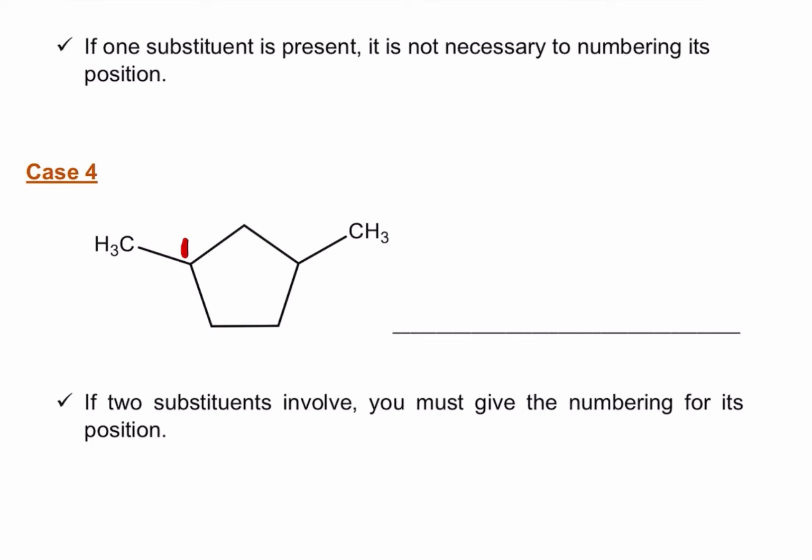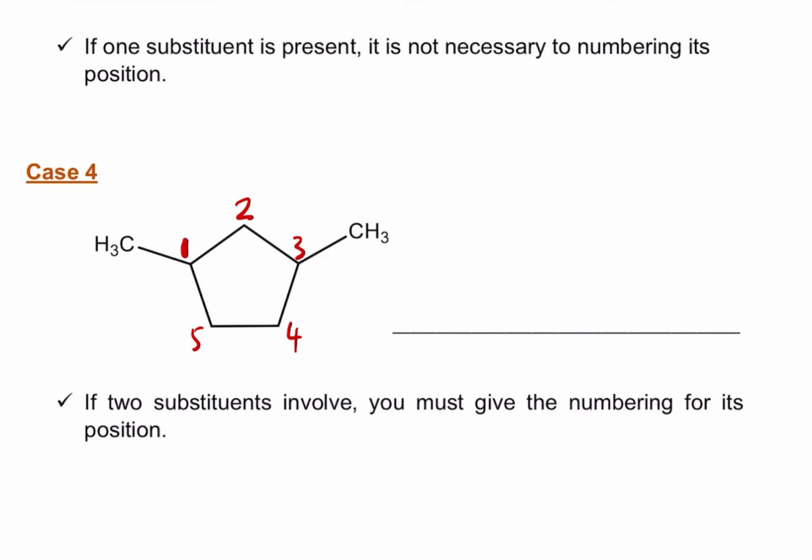I'm going to go up here because when I go up, this one is much closer. If I go down, it's quite far, so the numbering will not be the lowest you can get. So I'm going to go up. This one will be carbon number 2, this one carbon number 3, and then 4, 5. So in the ring, you can go either clockwise or anti-clockwise. In this case, my numbering for the methyl groups will be at carbon number 1 and number 3.